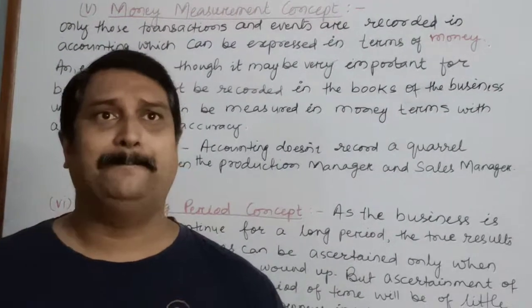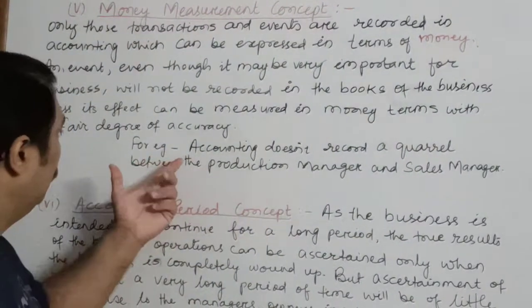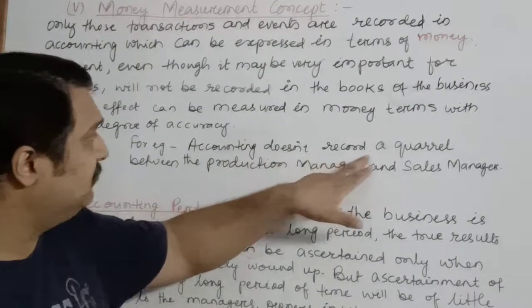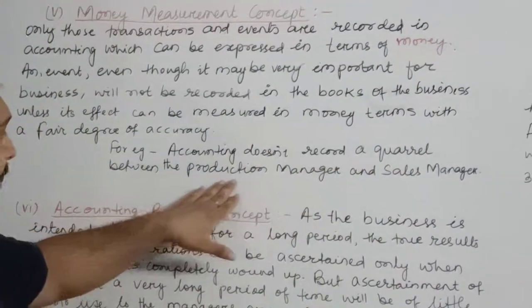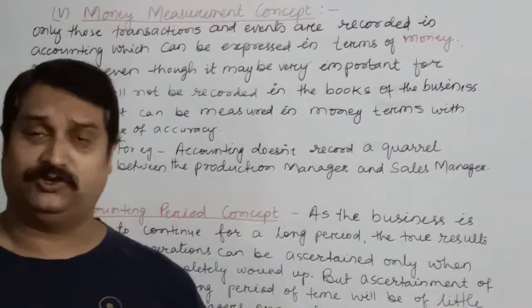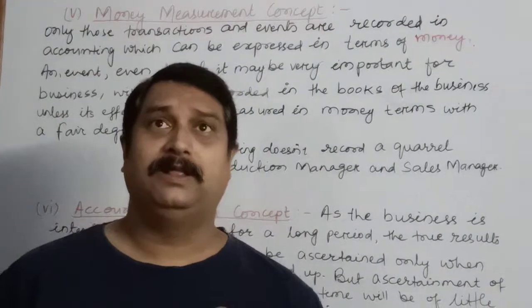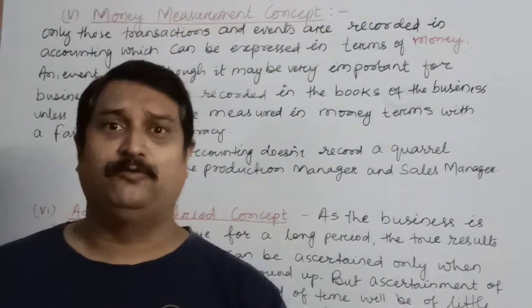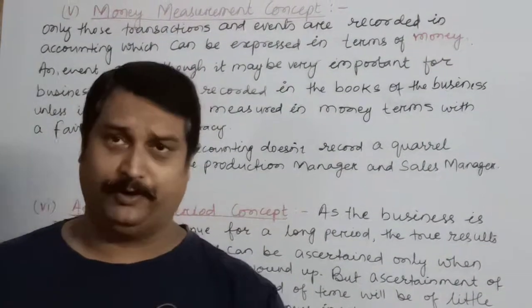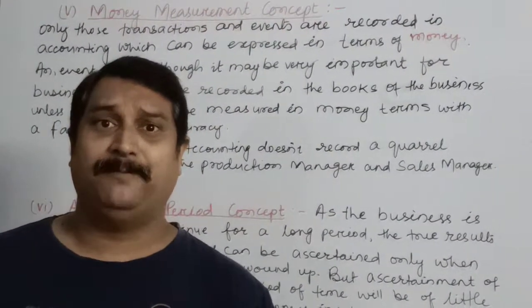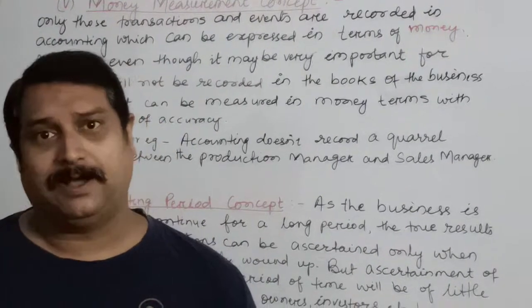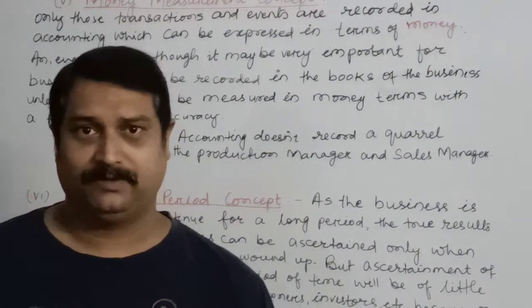A very simple example I would like to give, which I have written over here, is that accounting doesn't record a quarrel between the production manager and sales manager. Similarly, you can give another example: suppose there is a staff member working in your organization, an employee, and because of him, there were too many customers coming to your business.